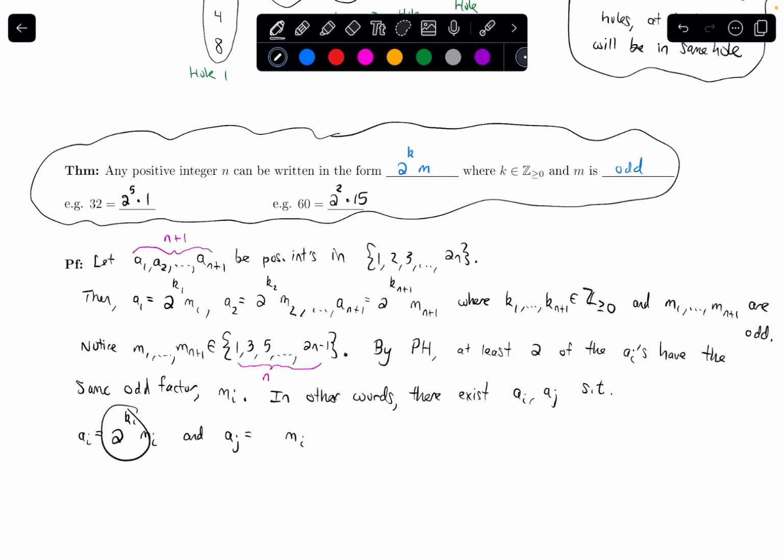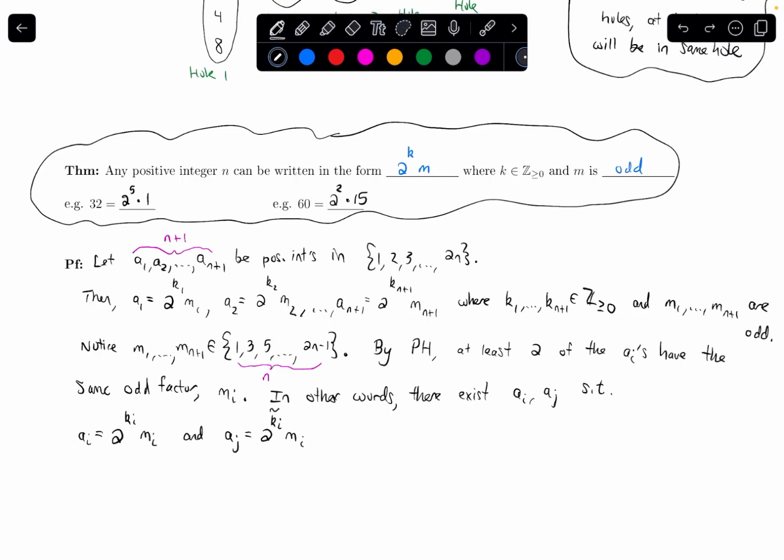It might have a different power of 2, so let's assign a different variable to this one: 2 to the k_i tilde, to indicate the power may be different. In fact, the power has to be different because the a's have to be different from one another. These a's are distinct positive integers.